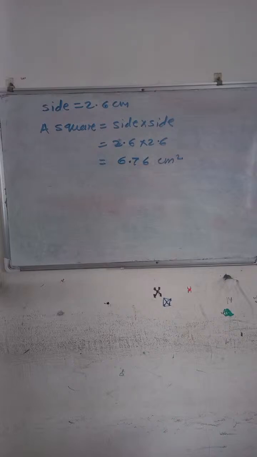The door of the dimensions 3 meter into 2 meter is on the wall of dimension 10 meter into 10 meter.